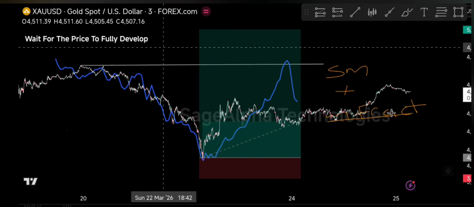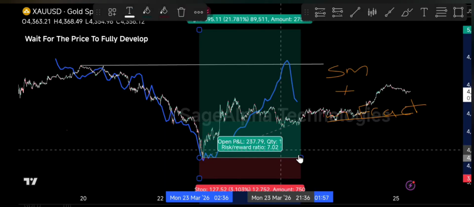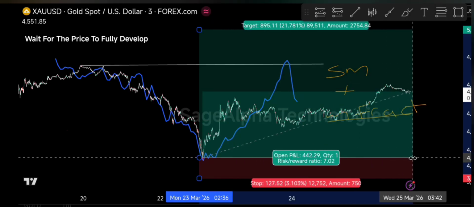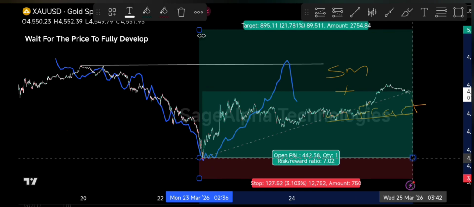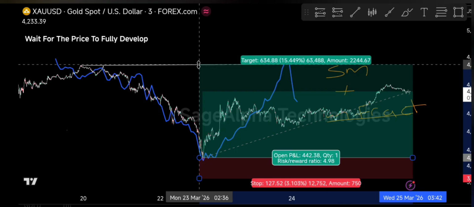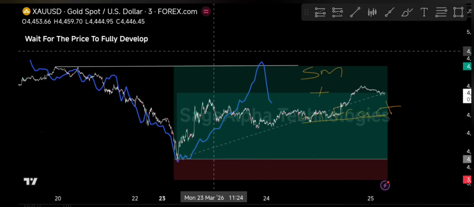So that's how we trade with fractal geometry, and price has moved well, and we expect it to get to our target, especially at this high here. That's going to end us at 1 to 5 risk to reward. Right, so let's get it done.